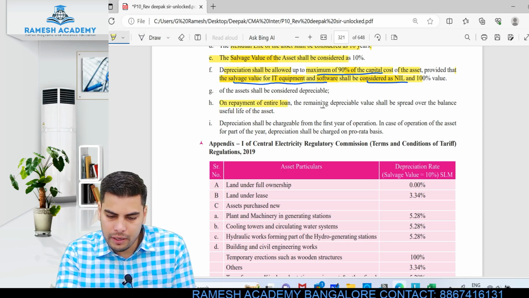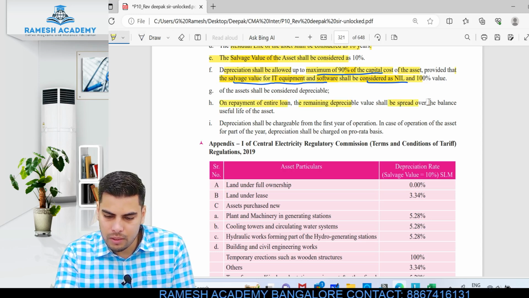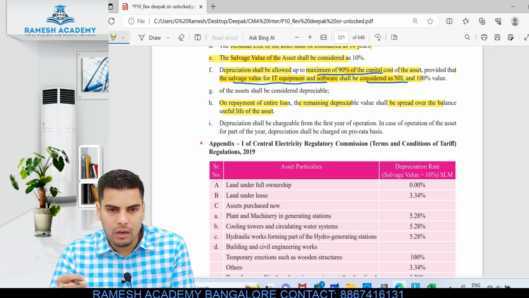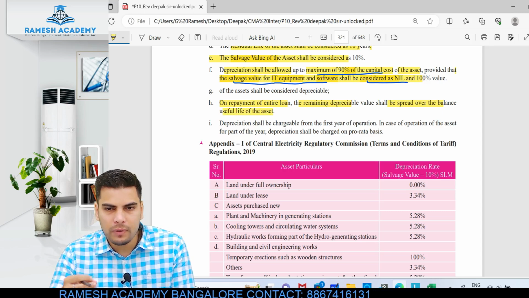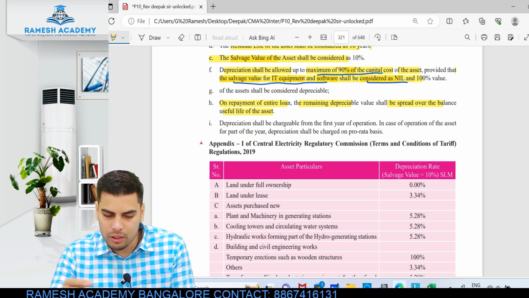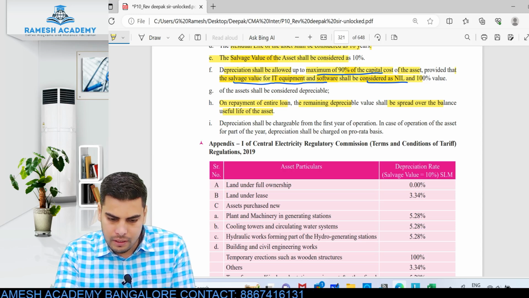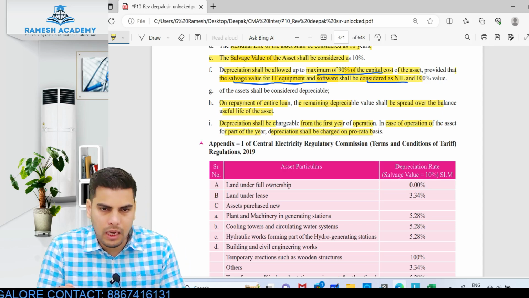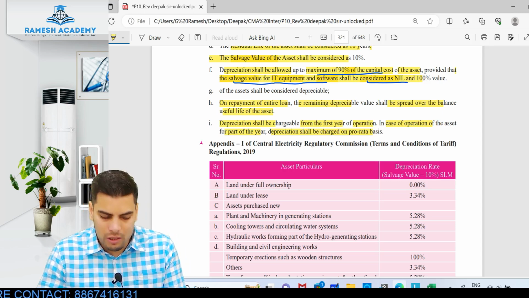On repayment of the entire loan, the remaining depreciable value shall be spread over the balance useful life. When the loan is repaid completely, whatever balance depreciation remains will be spread over the remaining life. Next, depreciation shall be chargeable from the first year of operation. In case of operation of the asset for a part of the year, depreciation shall be charged on a pro rata basis. All these points you already know.